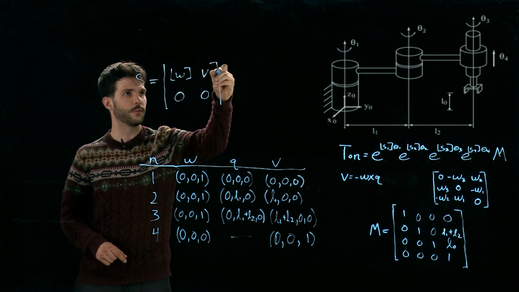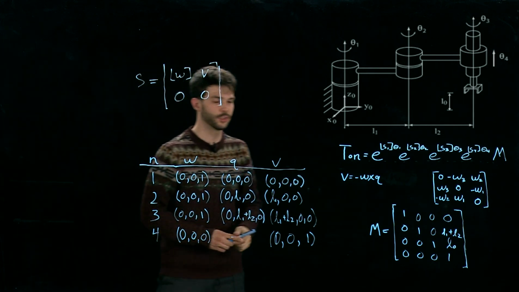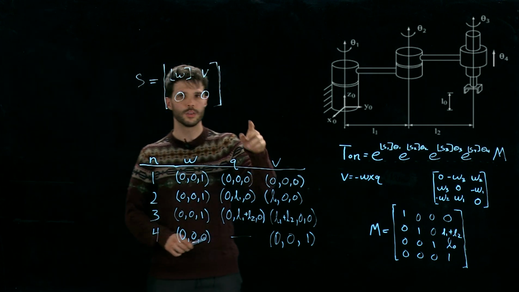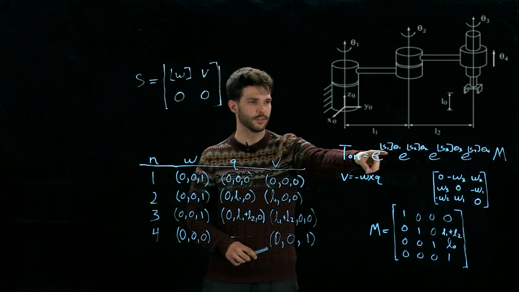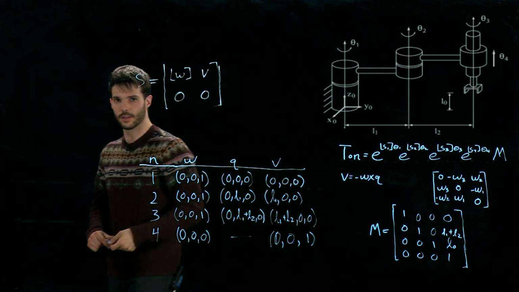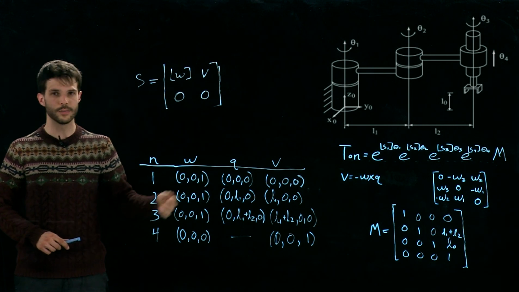But v takes the form of the skew symmetric matrix shown here. And so using S and the displacement or the rotation of the joints theta, we can calculate the forward kinematics of our joint arm using the product of exponentials formula.